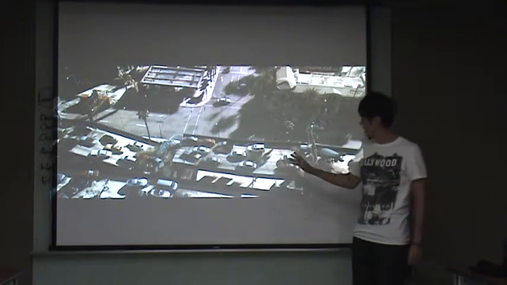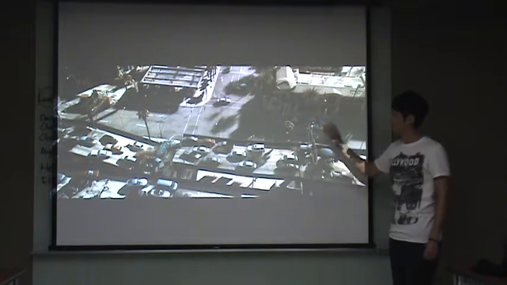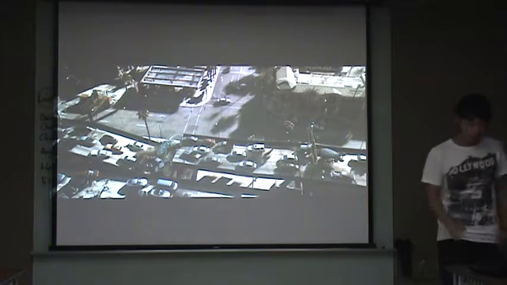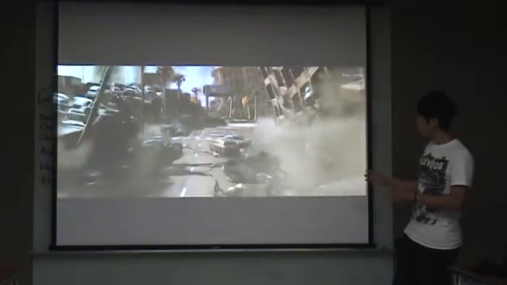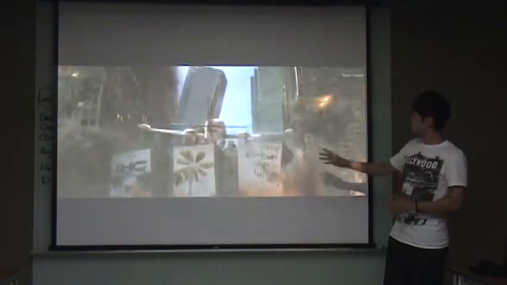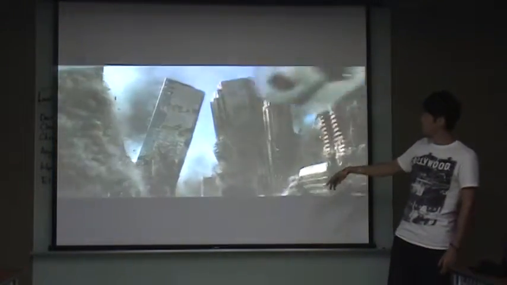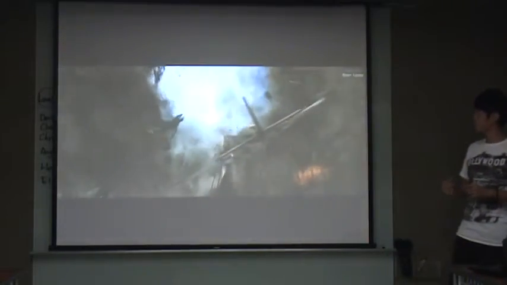And second, these cars and highways are all applied with physical simulation. As the animation goes, the cars fall down as they would in the real physical world. And you also see the buildings crumbling down, also following the rules of real physical principles.